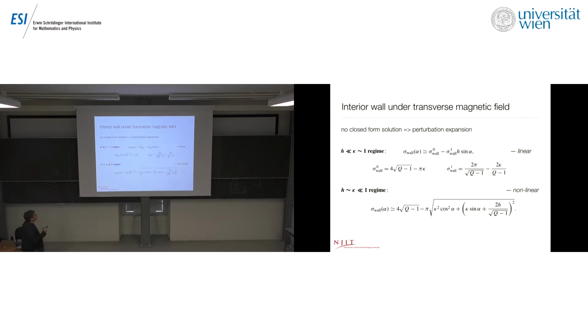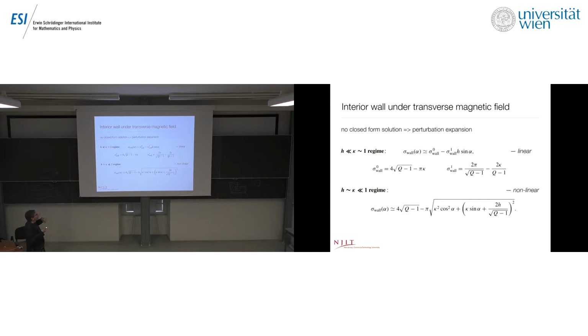And in this case, one can show by formal asymptotic expansion that the wall energy would be simply the wall energy at zero field minus some coefficient, which is written here, times the magnitude of the field, times the sine of the angle between the wall direction and the x-axis.